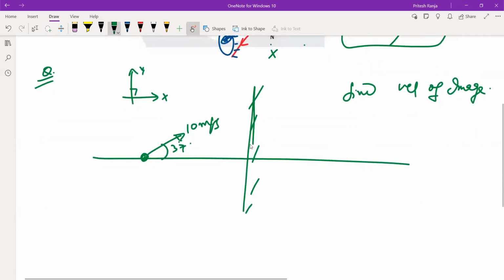You can see this is a plane mirror. So find out the answer then. Let me know what answer you get, Abhiram.